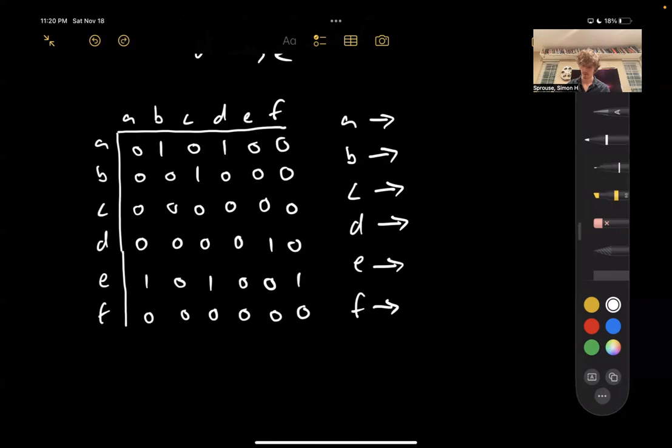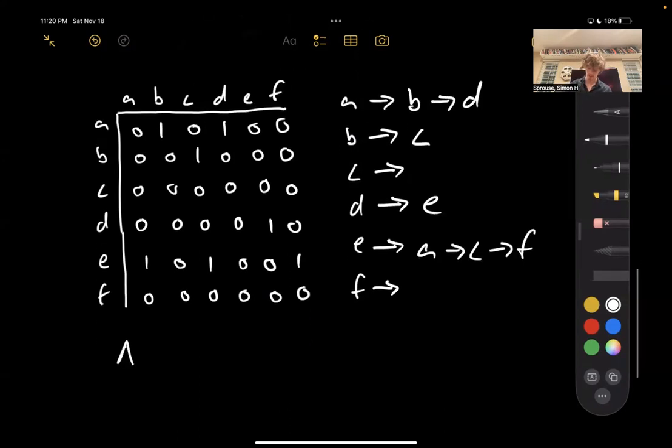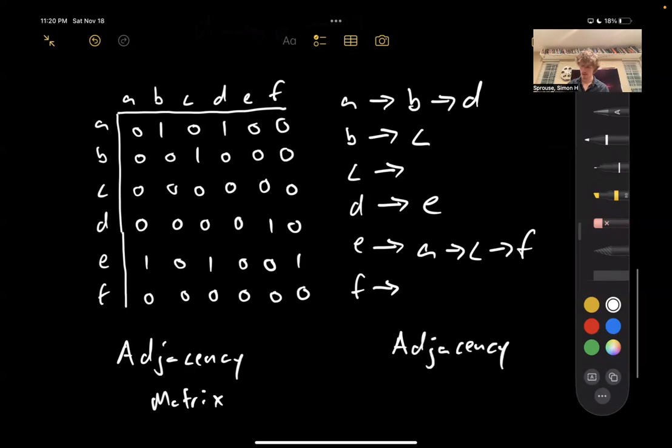Looking at this first row, A is going to point to B and D, B points to C, C points to nothing, D points to E, E points to A, C, and F, and then F is going to point to nothing. So this is the adjacency matrix, and this is the adjacency list.